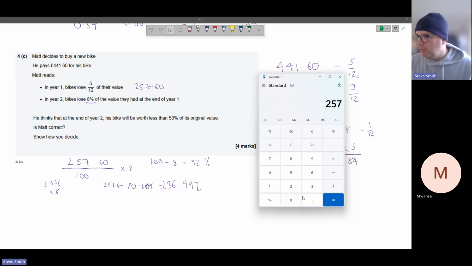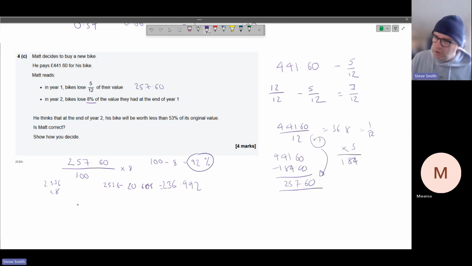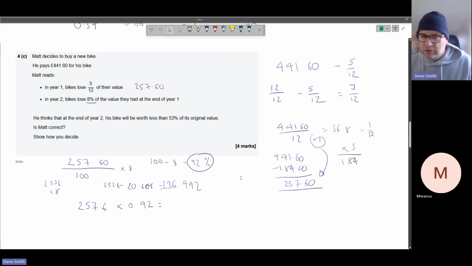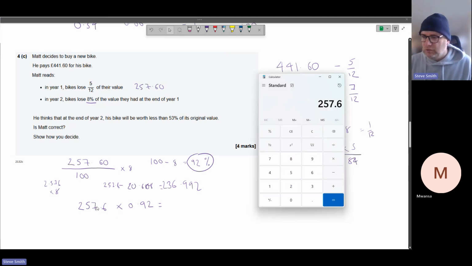So we got 257.60, and I'm looking at this number now, it's retaining that amount. So I'm going to do 257.60 multiplied by 0.92. That's saying it is retaining 92% of that original 257.60.